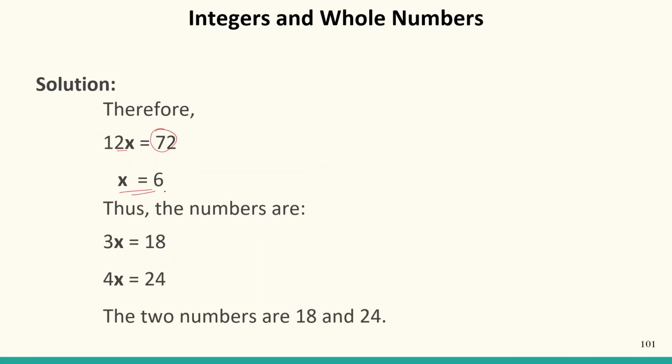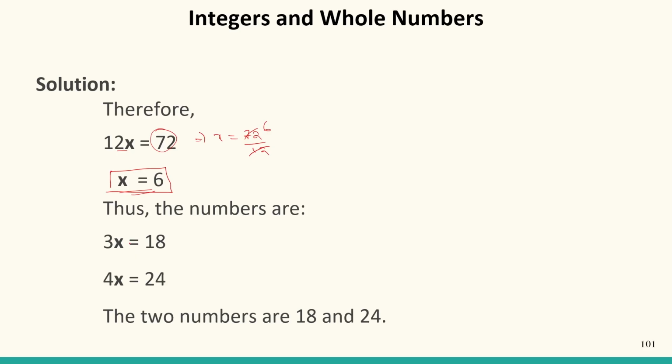So x is equal to 72 by 12, and since 12 into 6 is 72, x is equal to 6.